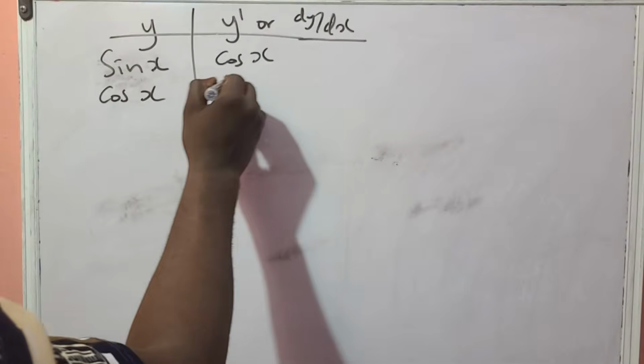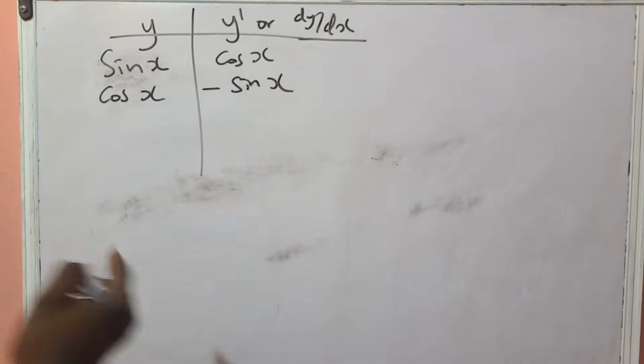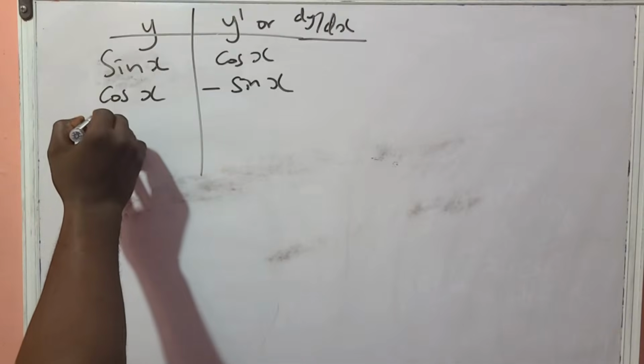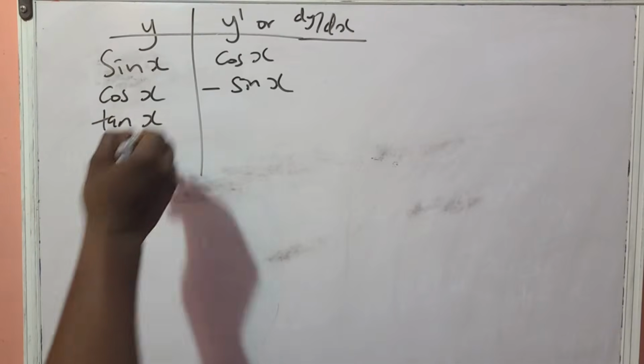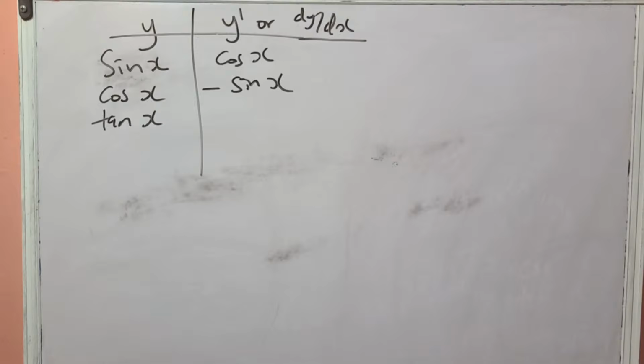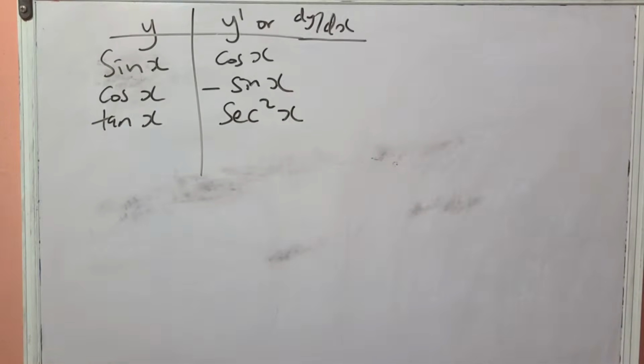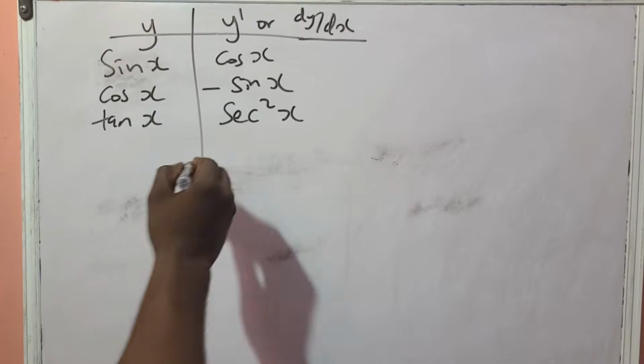You get minus sine x. I believe we have proved all these things using first principle, so you should not be looking at it as something very hard. If you differentiate tan x, we did this also, you will get sec square x. All right, you can write this down if you don't have it before.